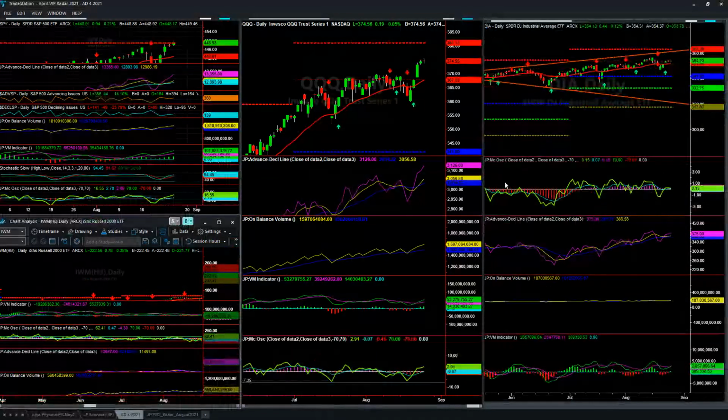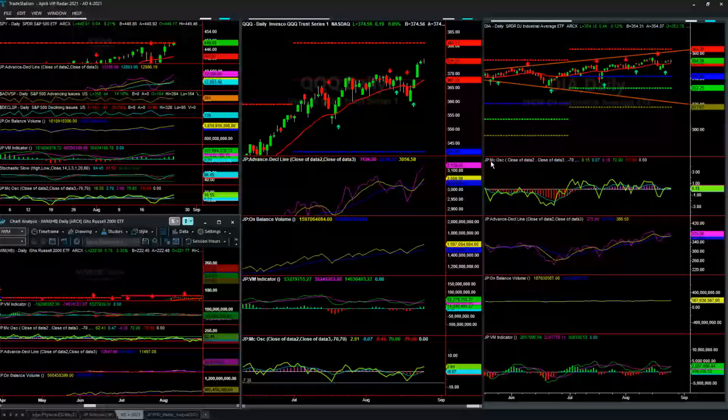What I did is I took Sherman McClellan's idea of the McClellan oscillator and modified it a bit, changed the moving averages a bit, and broke it down so that it's a momentum indicator of breadth.